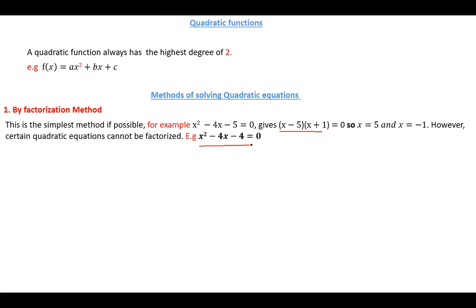No matter how you try to find its factors, it is impossible. If you cannot factorize the quadratic equation, you can use the other two methods, which are completing the square method or the formula method.